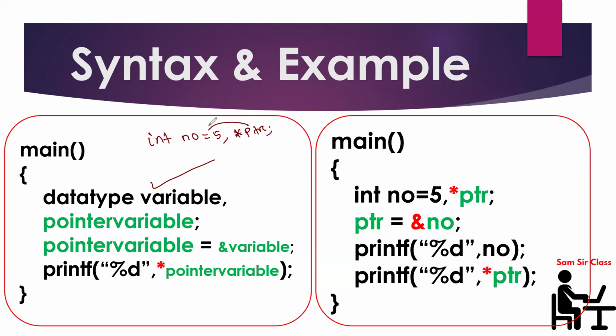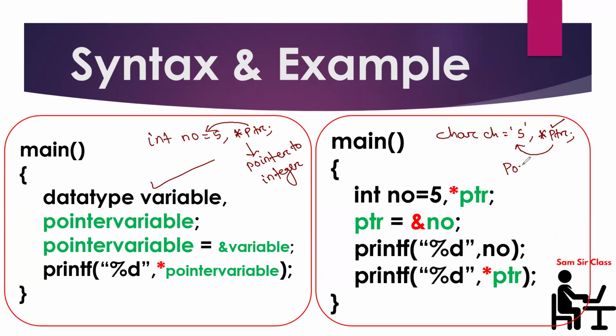That's why this is known as pointer to integer, because the data type of the pointer specifies which type of variable's address is pointed to by this ptr. If I write character ch equal to s, then the pointer has to be of character type, because the pointer data type specifies which type of value's address it is pointing to.